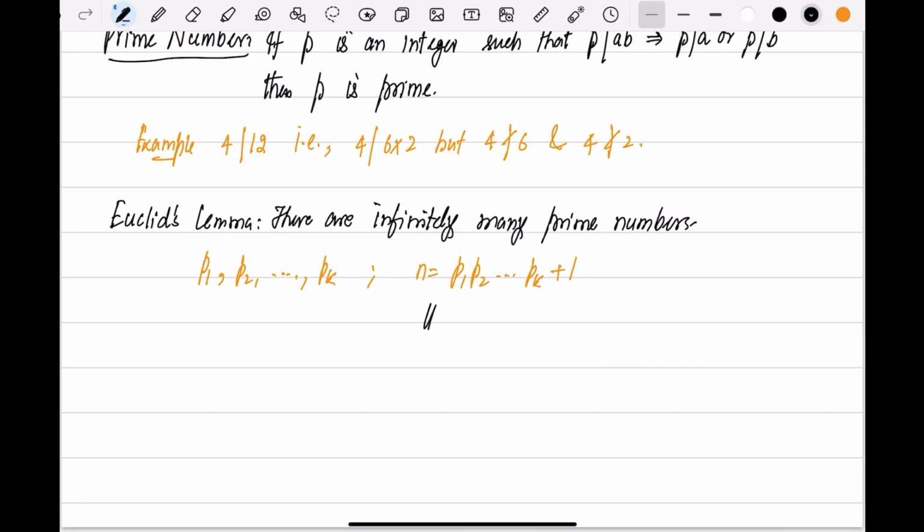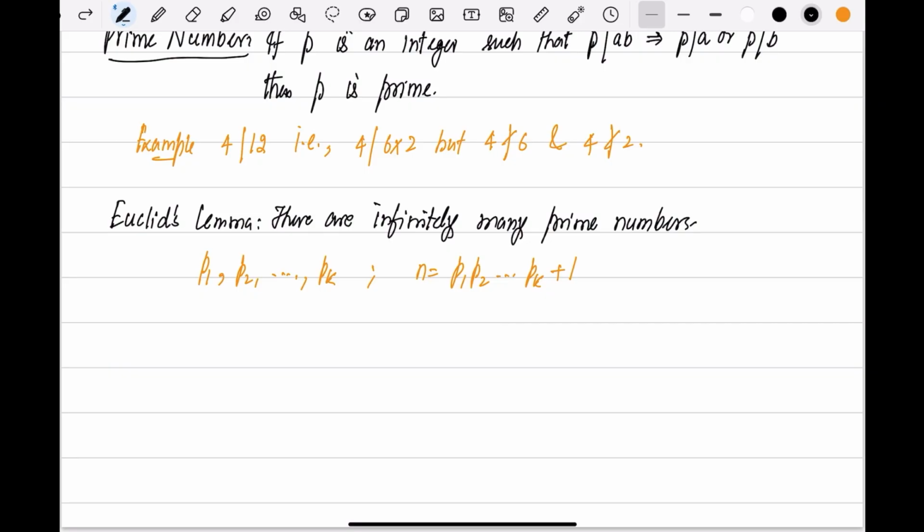But if this number is not prime, then p1, p2, pk will not divide this n, because if one of them divides n, since it also divides the first term, it will divide 1 also, which is not the case. So we will find a prime number which is different from all these pi's and divides this n. Therefore the number of prime numbers is infinite.